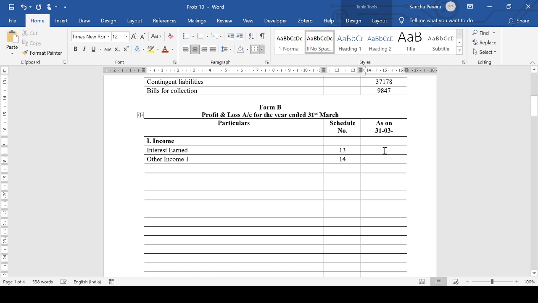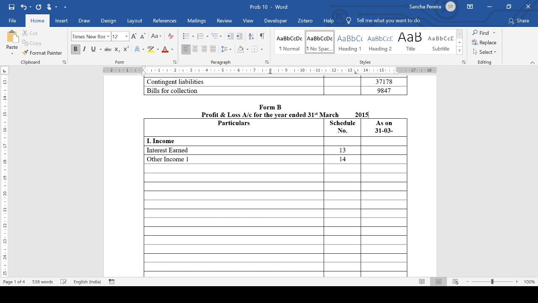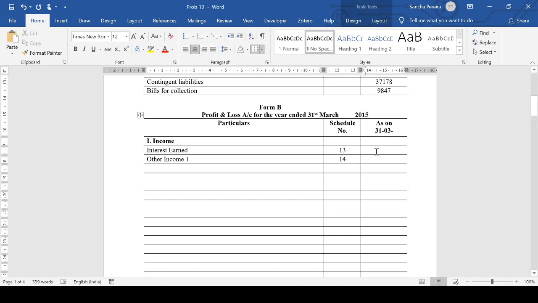I think we already know our interest earned, which is 2000. Interest earned is 489.52. Other income 4712. So the total of this is 53664.